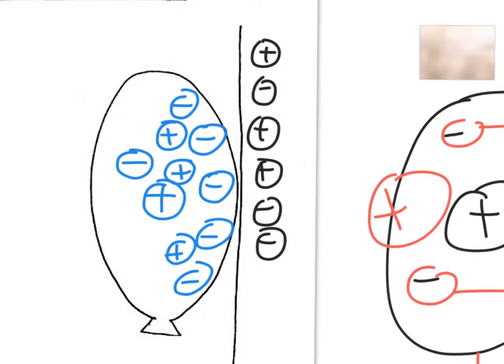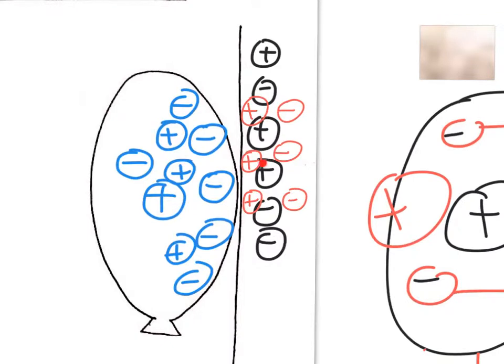When we zoom in and look at the balloon and the wall, these excess electrons on the balloon tend to pull positive charge towards them and push negative charge away from them. So the negative charge in the balloon is inducing a separation of charge. This is not drawn to scale.